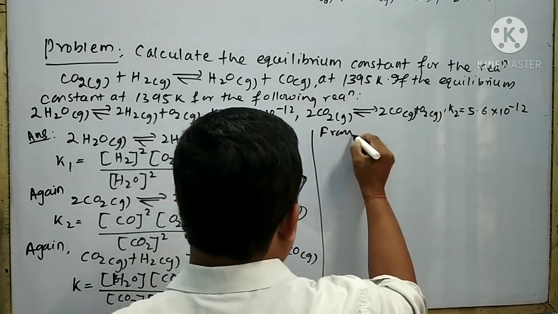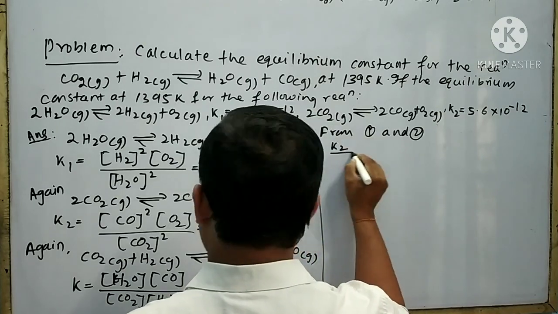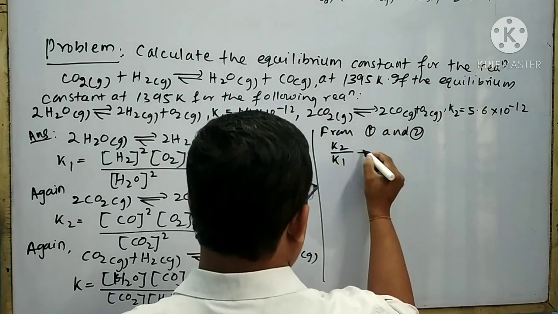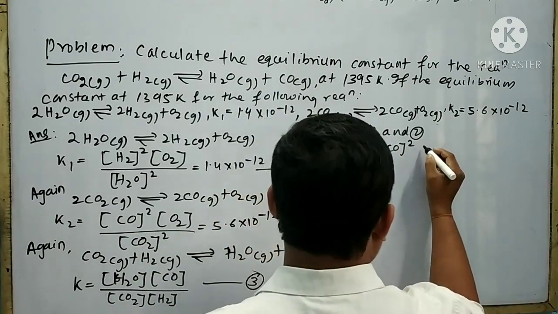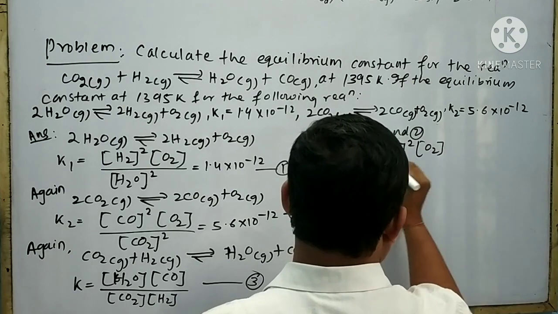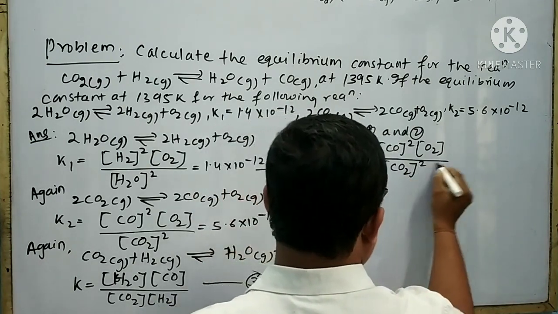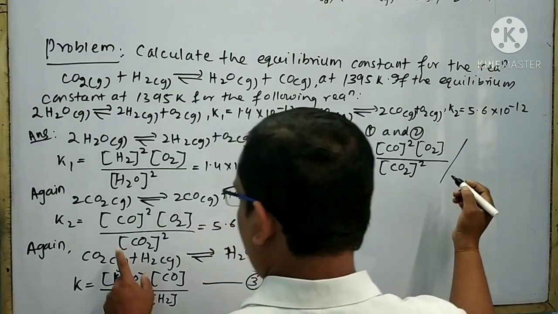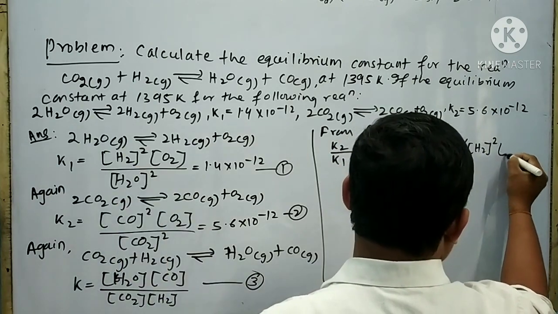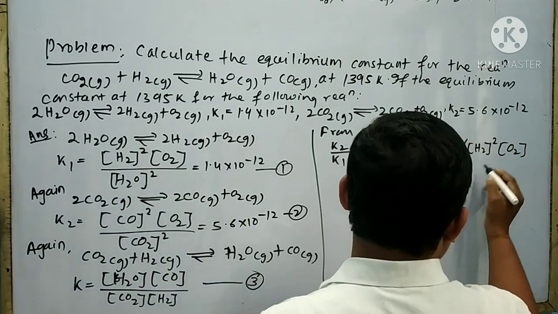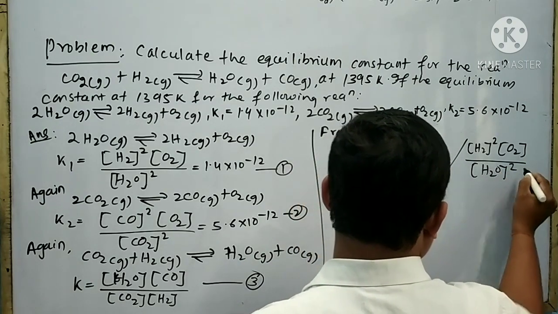From 1 and 2 I can write K2 by K1 equal to molar concentration of CO power 2 into molar concentration of O2 divided by molar concentration of CO2 power 2, whole divided by molar concentration of H2 power 2 into molar concentration of O2 divided by molar concentration of H2O power 2.